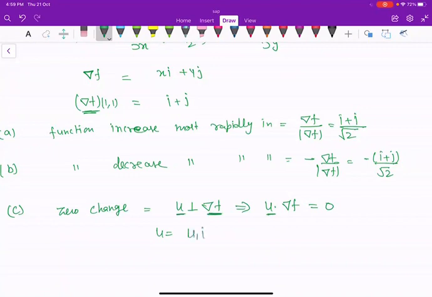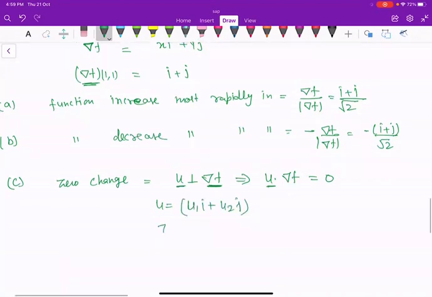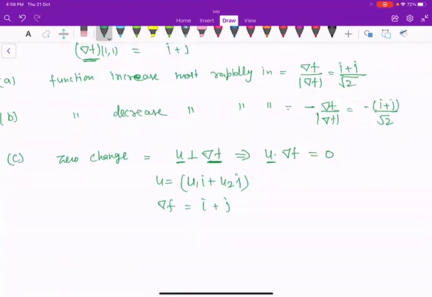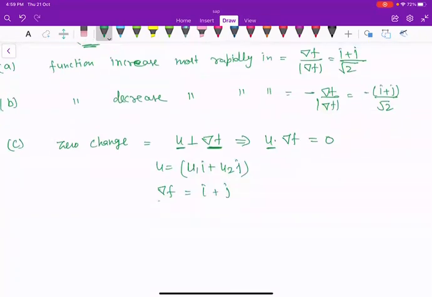So we can write u as u1 i plus u2 j, and del f, we have already computed, is i plus j. So del f dot u equals 0. Del f is i plus j, dot u1 i plus u2 j, equals 0.